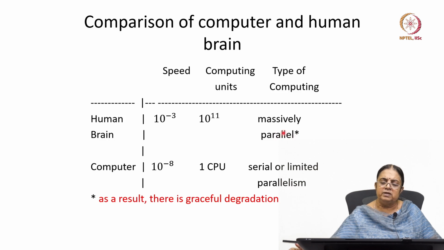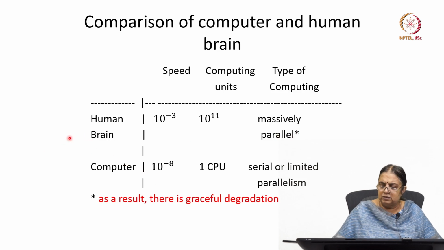The degradation in the performance of the brain will be very slow, so even if there's some damage, it continues to work basically. That's the important aspect of your human brain.